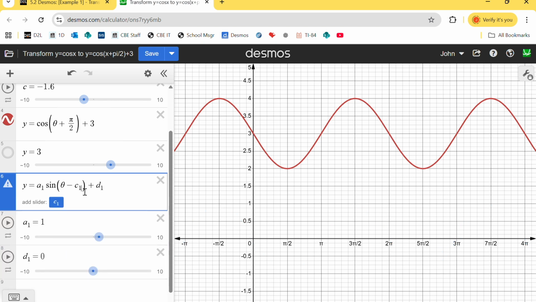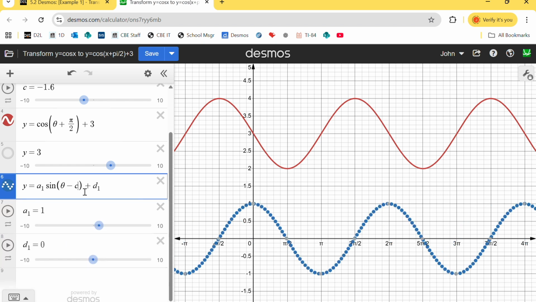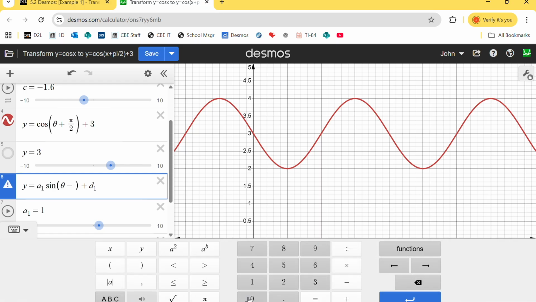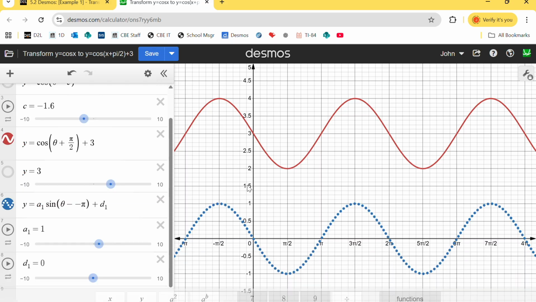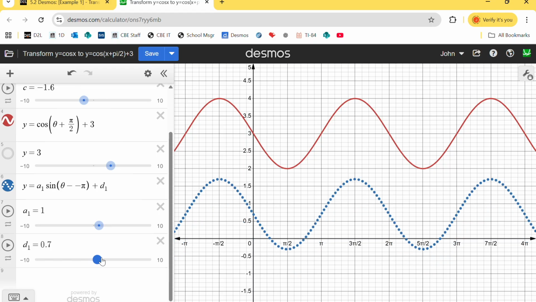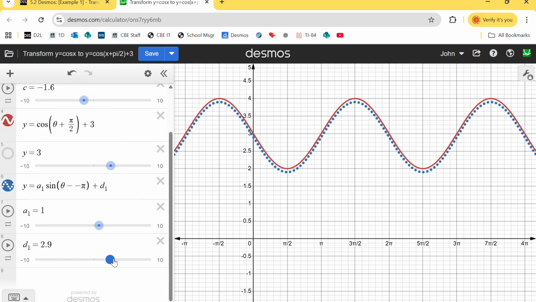So that's negative pi units. Now the maximums are lined up. All that's left to do is shift it up 3 units, just like we said in the class example. Turn on my sinusoidal axis, and there you go. That's one way to do it.